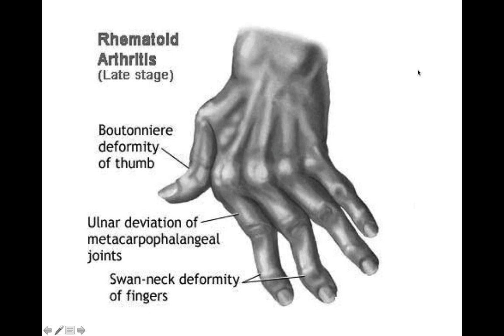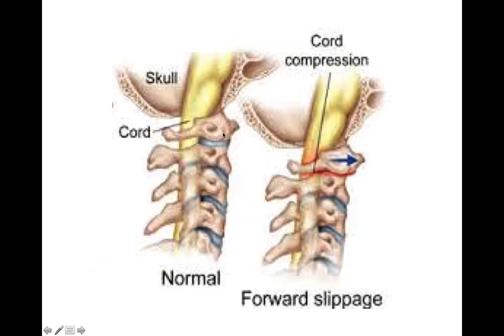This is what happens when there is involvement of the C1 and C2 vertebrae. There is forward slippage of the vertebrae, so it will lead to cord compression. So neck pain, hyperreflexia, and neck stiffness. It causes subluxation of the atlantoaxial joint.